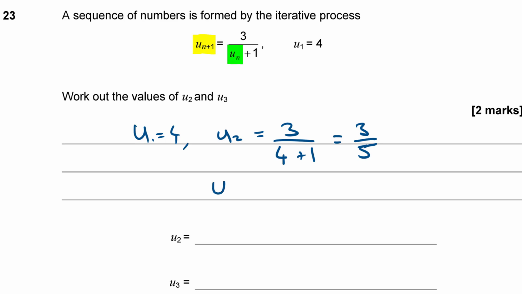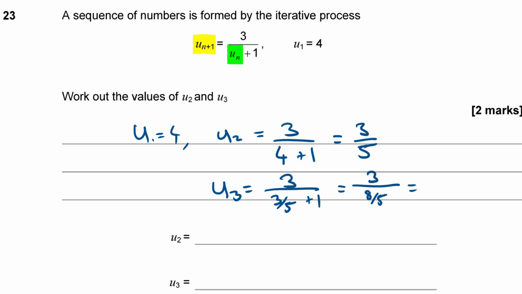And then my u3, my third term, is going to be 3 divided by my second term, 3/5 plus 1. What's 3/5 plus 1? 1 is 5/5, so 3/5 plus 5/5 is 8/5. So I've got 3 divided by 8/5.